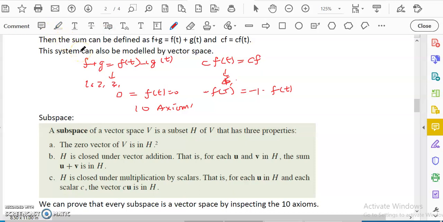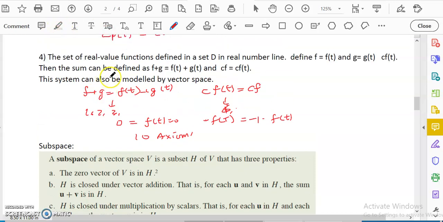So you can see that to check that something is a vector space, you have to do a lot of work, checking all 10 axioms. But to say that something is not a vector space, you just have to point out something that does not work within the 10 axioms. We'll do the second part in the next video.